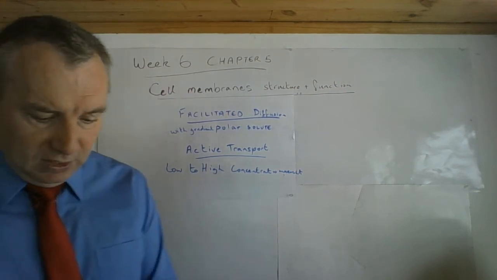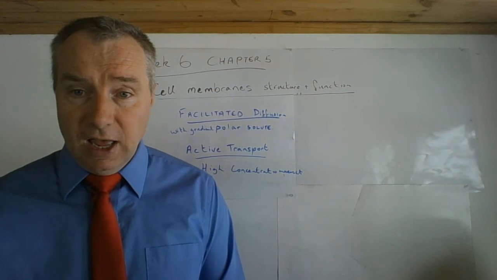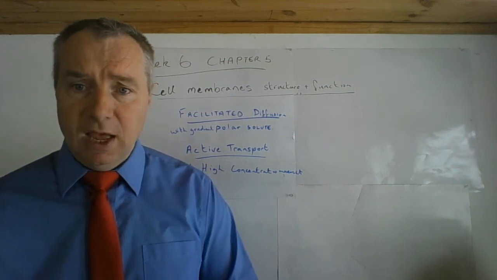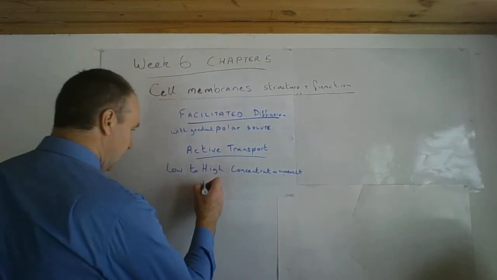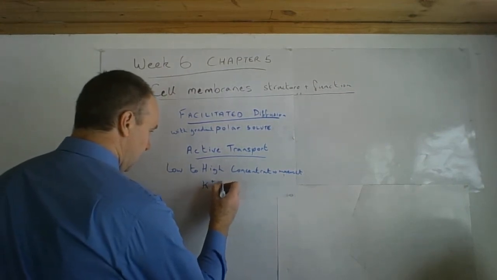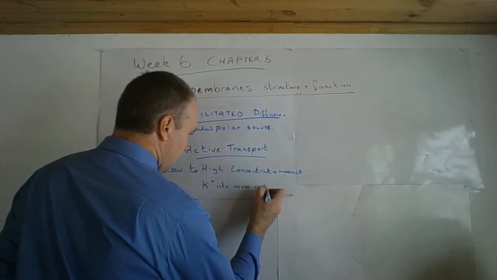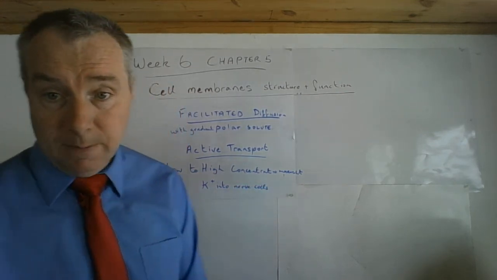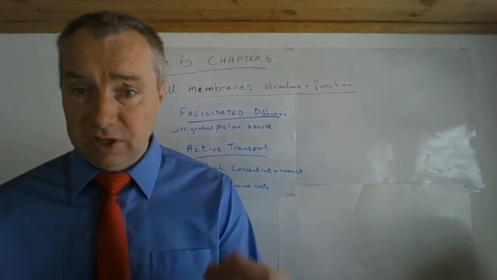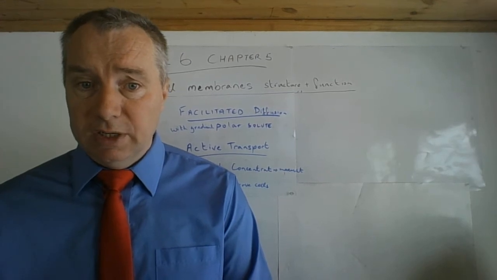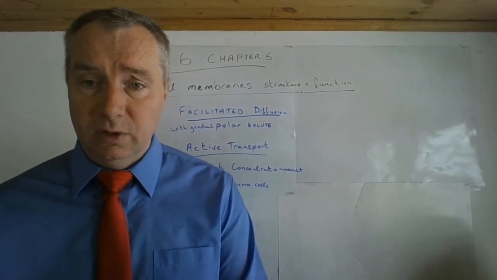And this is the case when you are pushing potassium molecules into nerve cells that already have more, and that's the thing about nerve cells, they already have more than the extracellular fluid, but we still need more of them inside the nerve cells in order to do their functions.